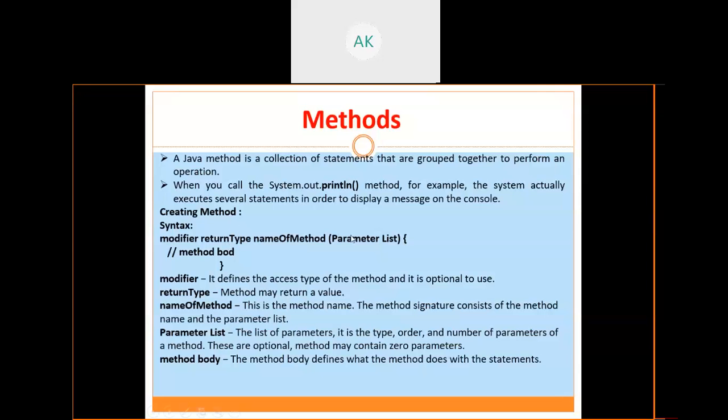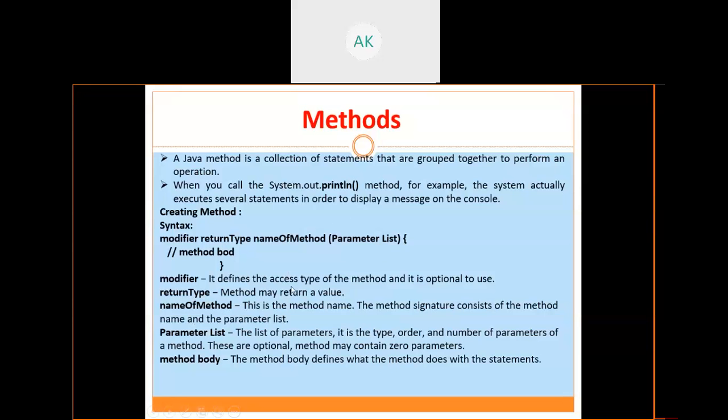Whereas if the method has some parameter list, then that particular method is called a method with parameters. In the example you executed last time for the class employee, we defined two different methods, input and display. Those were default methods because they do not have any parameters. So that is what the method is.